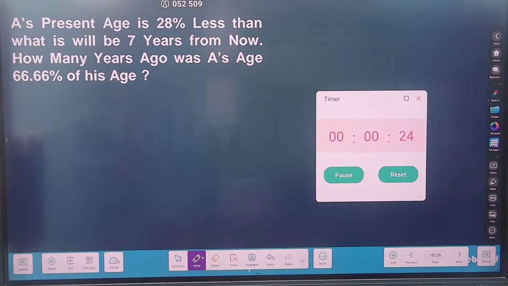Try solving. Try solving slowly and slowly.